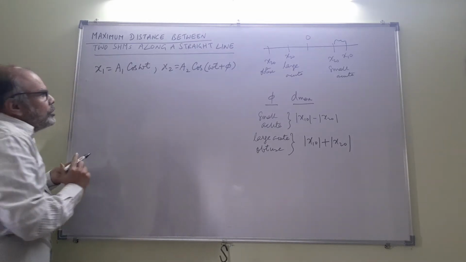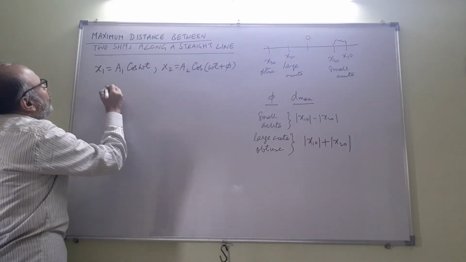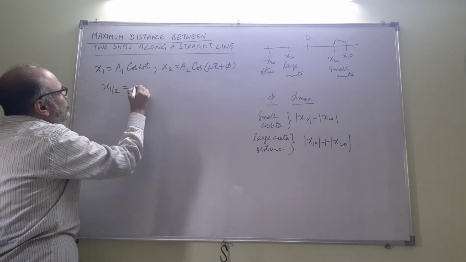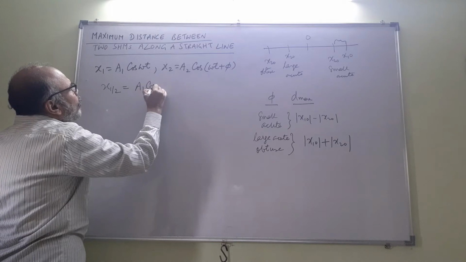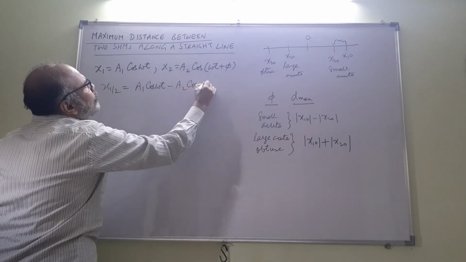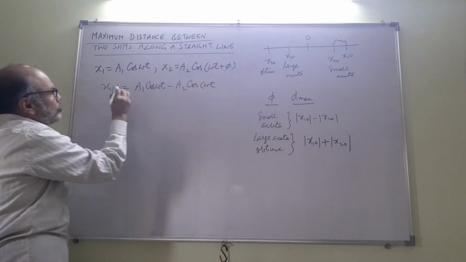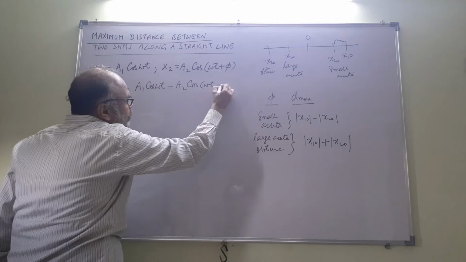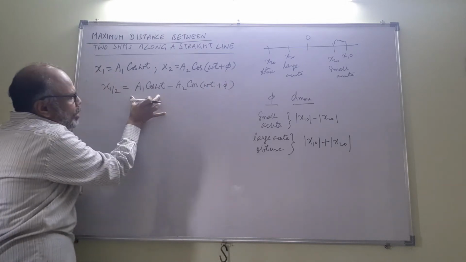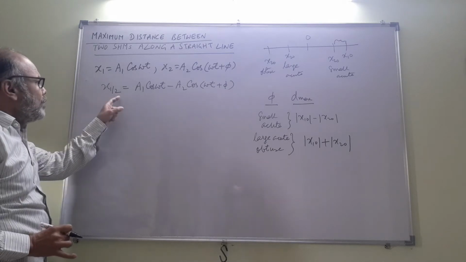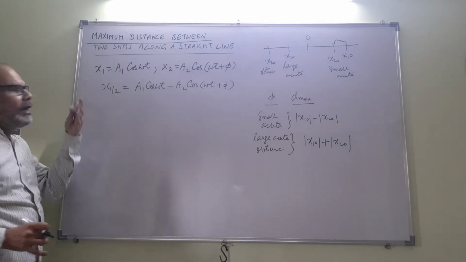Now we wish to find out what is the position of 1 with respect to 2. 1 with respect to 2 is A1 cos of omega t minus A2 cos of omega t plus phi. 1 with respect to 2 is x1 minus x2. This position of 1 with respect to 2 we would like to maximize.